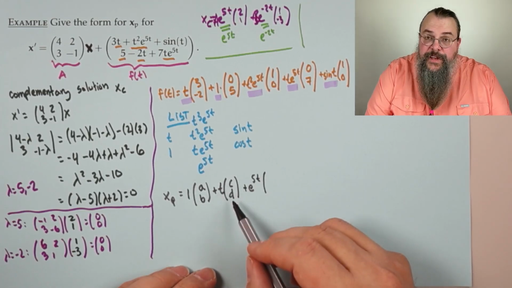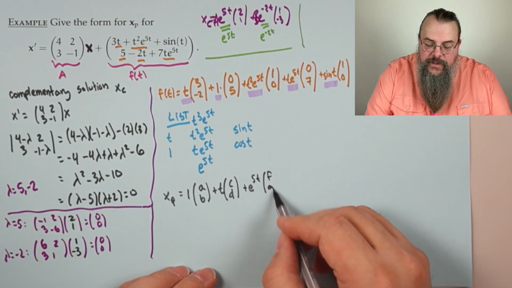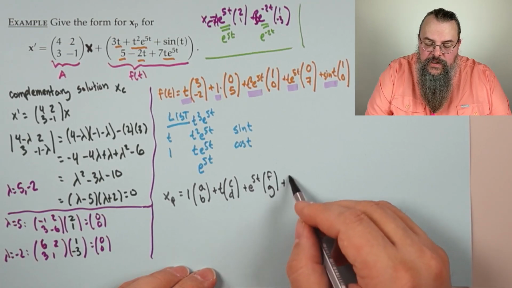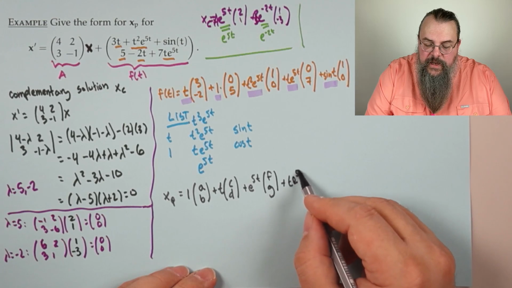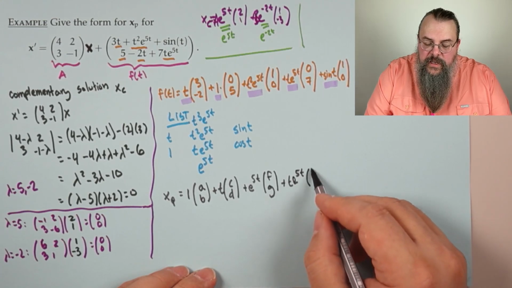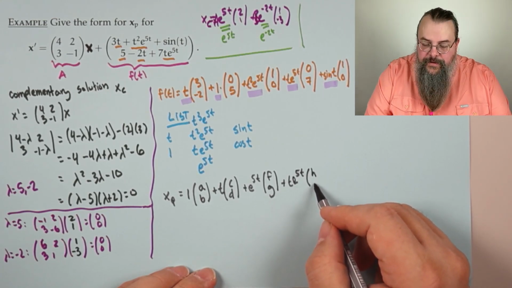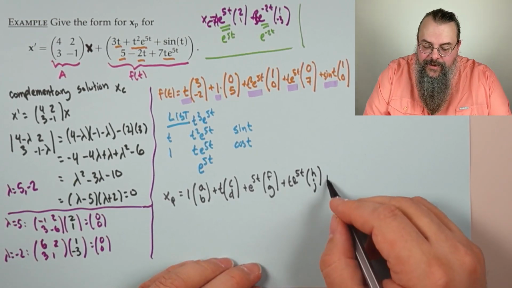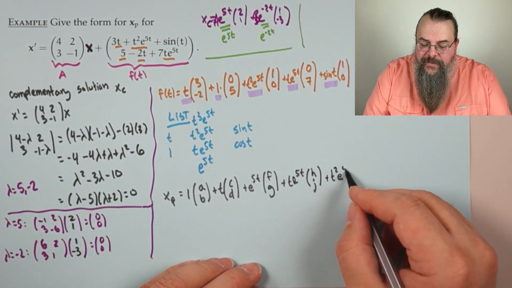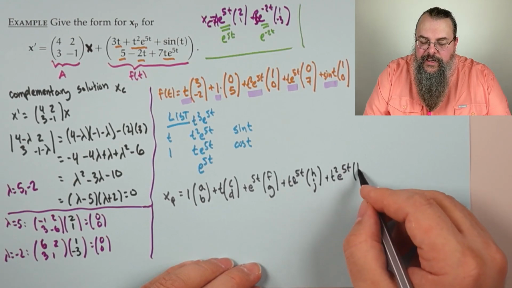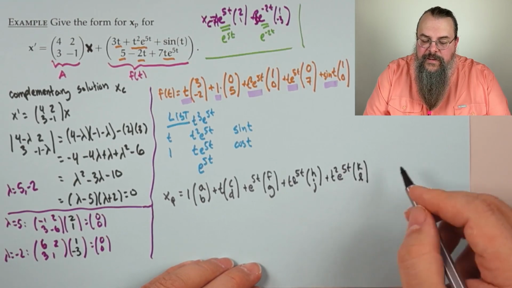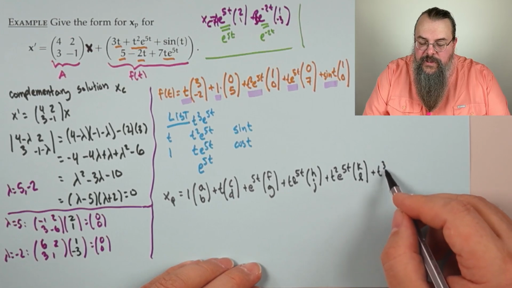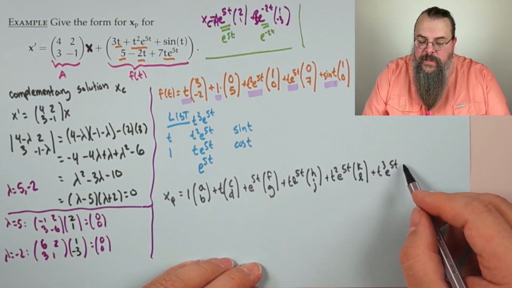I'm going to skip over the letter e, so f, g. T times e to the 5t. Well, h, and I'll skip over i because that means something to us, j. T squared e to the 5t. All right, k, l. T cubed e to the 5t.